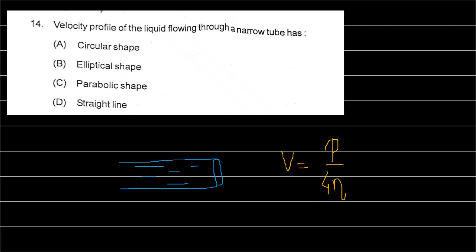This is also a formula based question. If you take a narrow tube through which a fluid is flowing, the velocity profile of this fluid is given by V equals P divided by 4 eta times r squared minus x squared, where r is this radius.